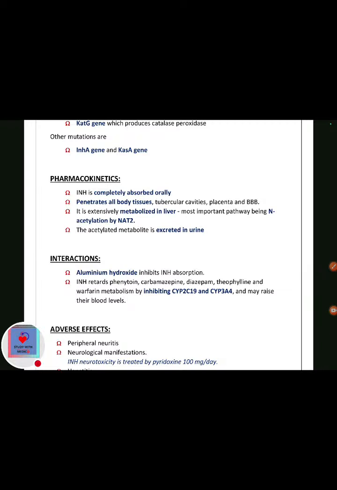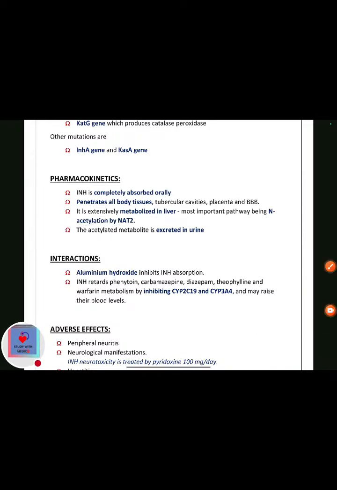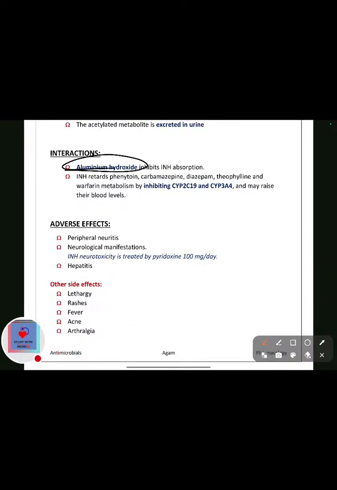You can give it; it penetrates all body tissues, tubercular cavities, placenta, blood-brain barrier, and meninges. It is extensively metabolized in the liver, the most important pathway being N-acetylation by the NAT2 enzyme, and it is excreted in urine.